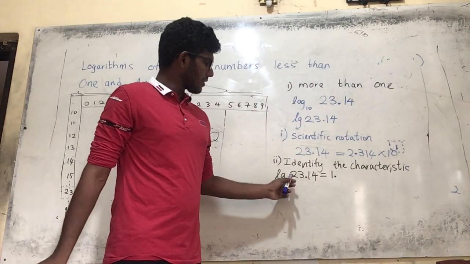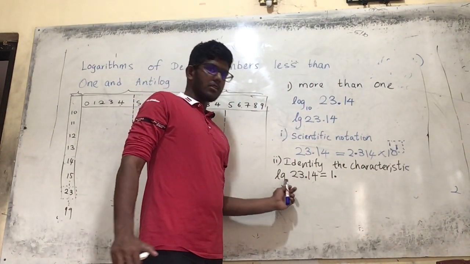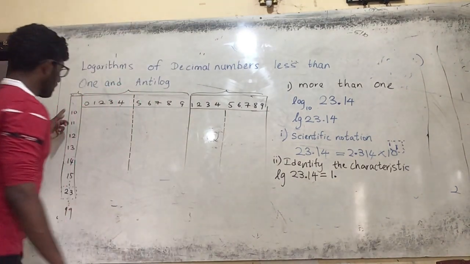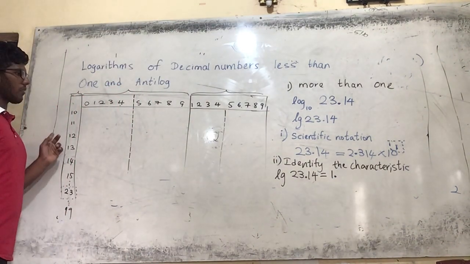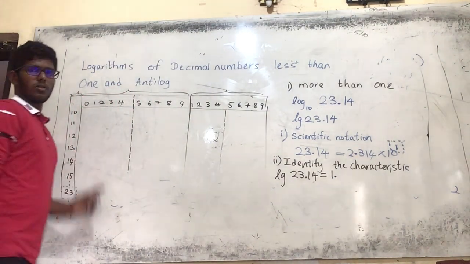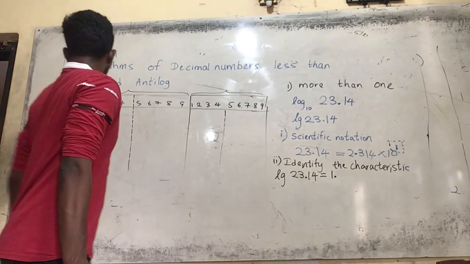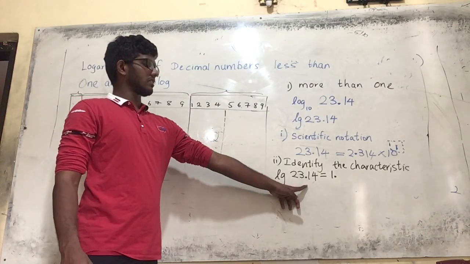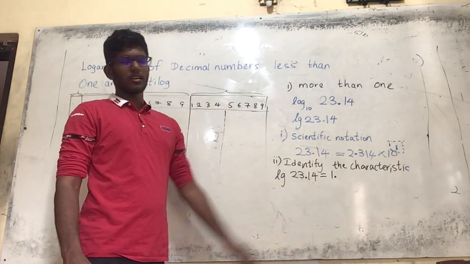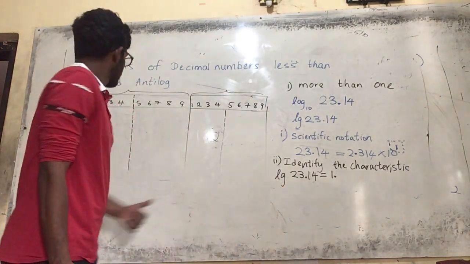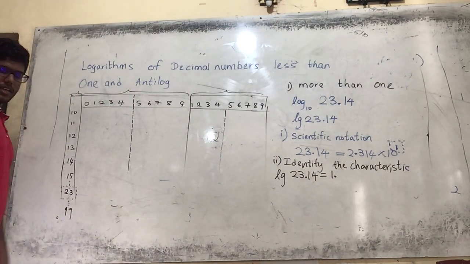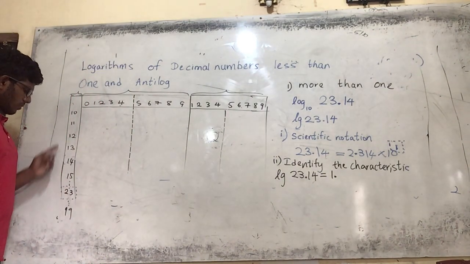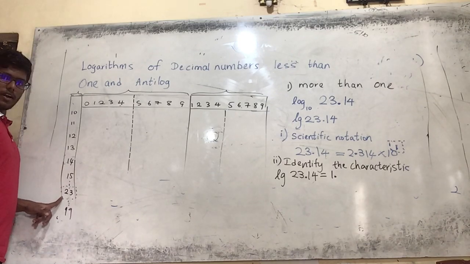Because in this number, the first 2 digits are 23. The first 2 digits you have to find from this column. We have from 10 to 99. The first 2 digits of this number you have to get from this column. So you go to the first two digits, then you have 23.